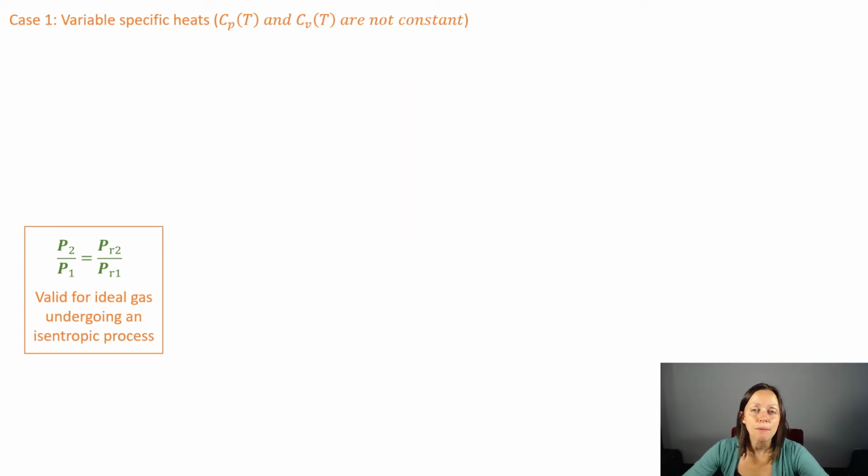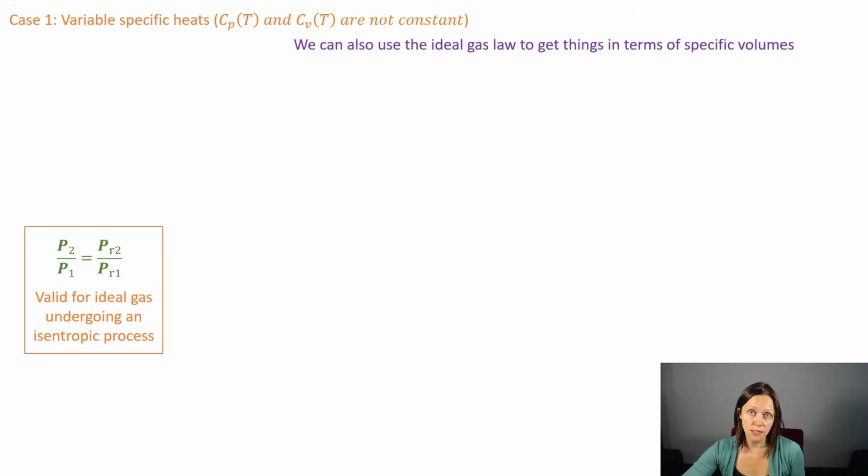Now we're going to manipulate this equation and then use the ideal gas law to get an equation in terms of the specific volume ratio. So here's my ideal gas law, and I know that if this thing behaves as an ideal gas between state 1 and state 2, then these quantities are equal to one another because they're just equal to R for an ideal gas.